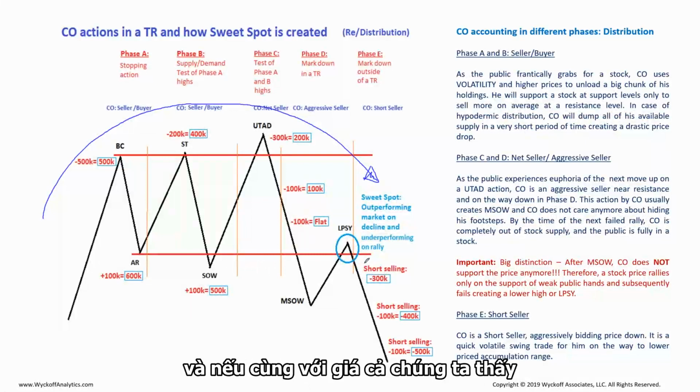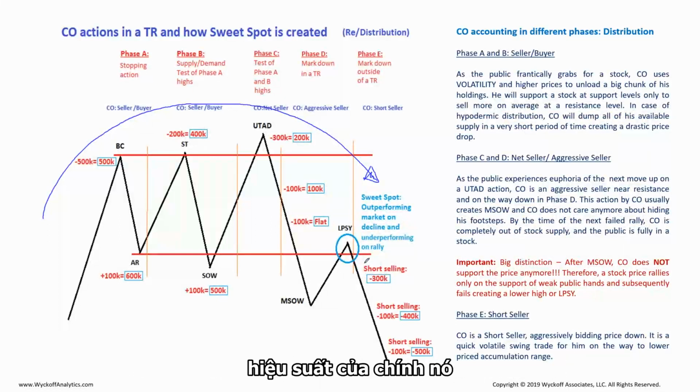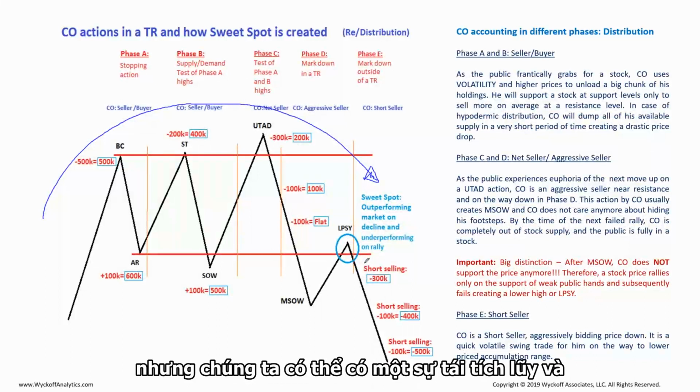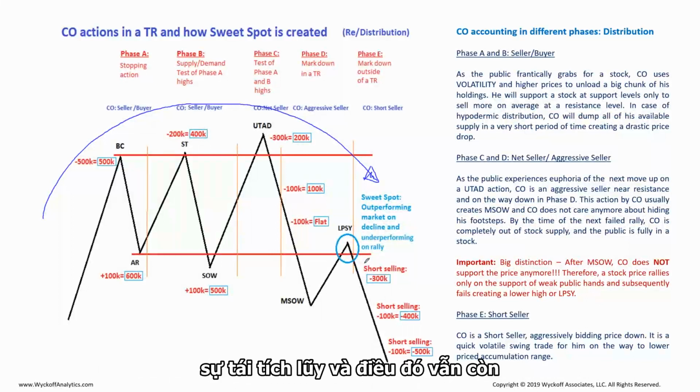And if together with the price we see that deterioration on the relative performance, then we could potentially say that we are in the distributional formation. Underperformance by itself does not suggest the bias. It just suggests that during this period of time there is underperformance. But we could have a reaccumulation and short-term underperformance by price in the reaccumulation, and then still the price would go up.